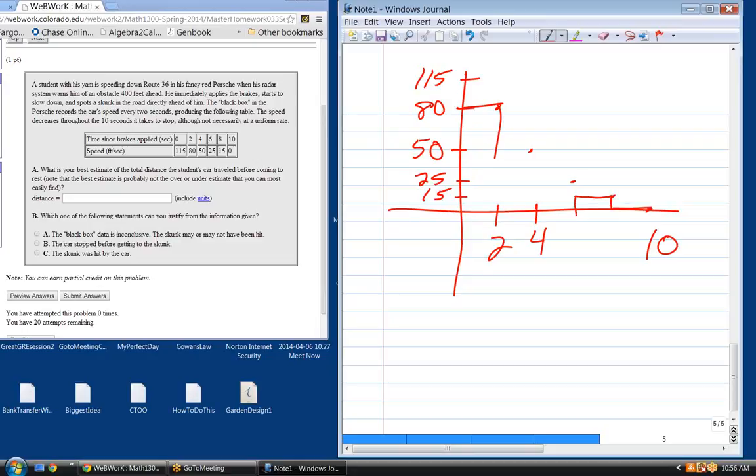So left will give you an overestimate, right will give you an underestimate. When you use the right one, you're only going to end up with 4 rectangles. When you use the left one, you're going to end up with 5 rectangles. You see why? So I got the left-hand sum just now. There's the left.